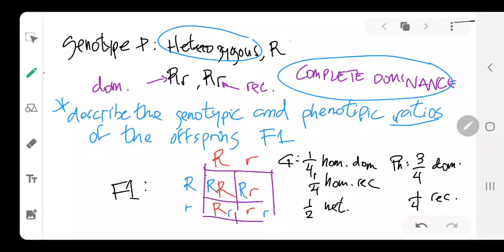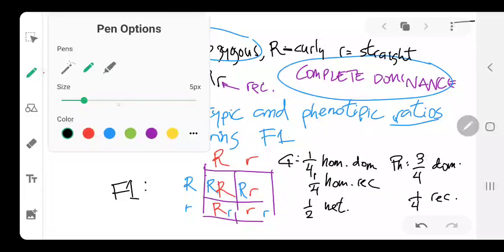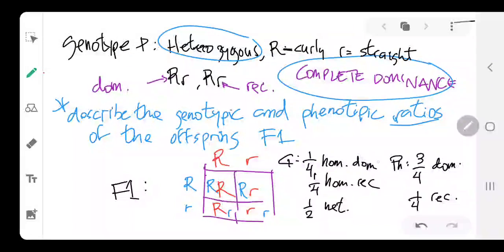So maybe R stands for curly, and lowercase r stands for straight. Typically curly hair is dominant over straight hair, and therefore the phenotype of the offspring is going to be 3/4 curly and 1/4 straight.